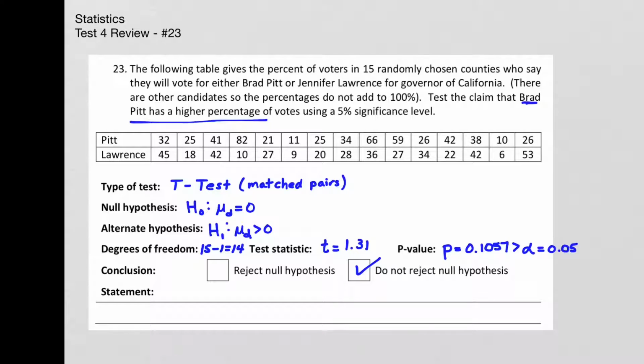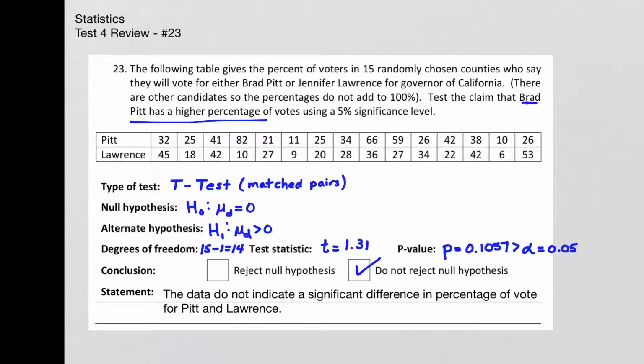So our conclusion would be: the data do not indicate a significant difference in percentage of vote for Pitt and Lawrence. That's probably not exactly what I wrote in the answer key, and I didn't get a chance to take a look, but you just need a statement something like this.